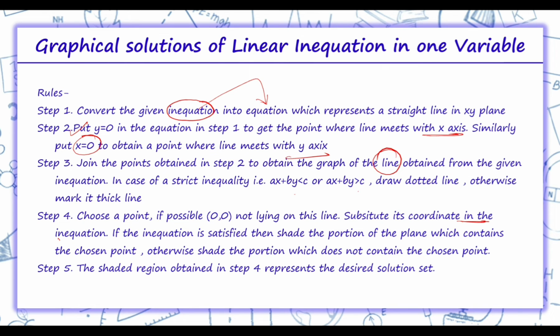If the equation is satisfied, we'll shade the portion of the plane that contains the chosen point. Otherwise, we'll shade the portion which does not contain the chosen point. The shaded region we draw represents the desired solution set. So these are the steps which we have to follow for the graphical solutions of linear inequations.